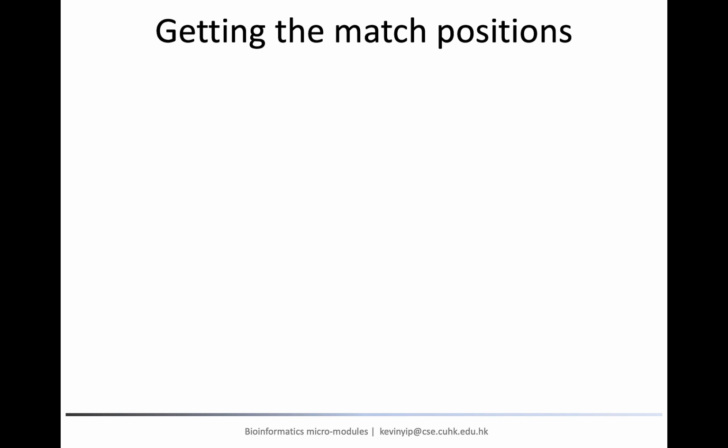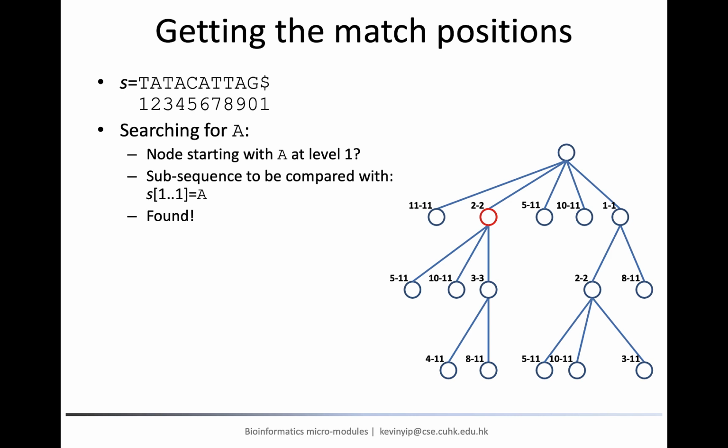In the case that the query can be found in the reference, how can we find out the exact occurrence positions? Let's use another example to explain. Suppose we are searching for A, and we have followed the previous procedure to draw the conclusion that it is contained in the indexed sequence after reaching the node highlighted in red.